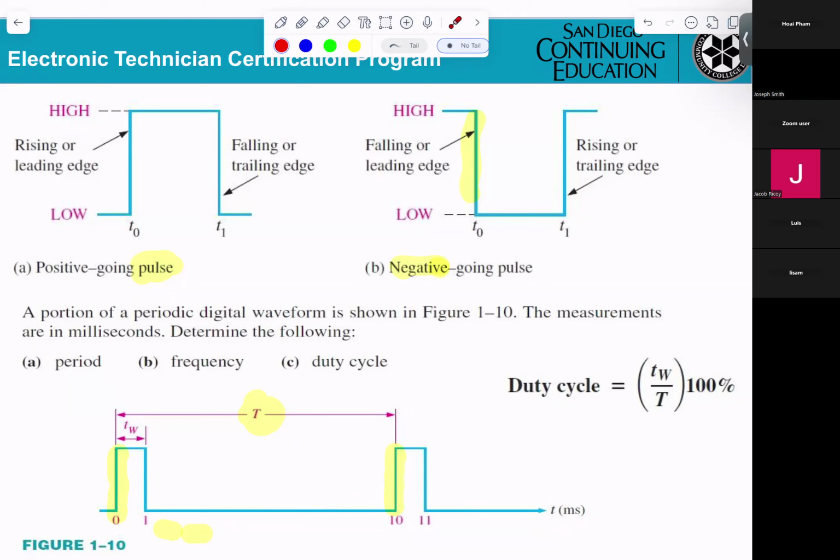If you want to calculate the duty cycle, you take tW divided by capital T times 100%, okay. This is the tW right here. That means the width of the high side.